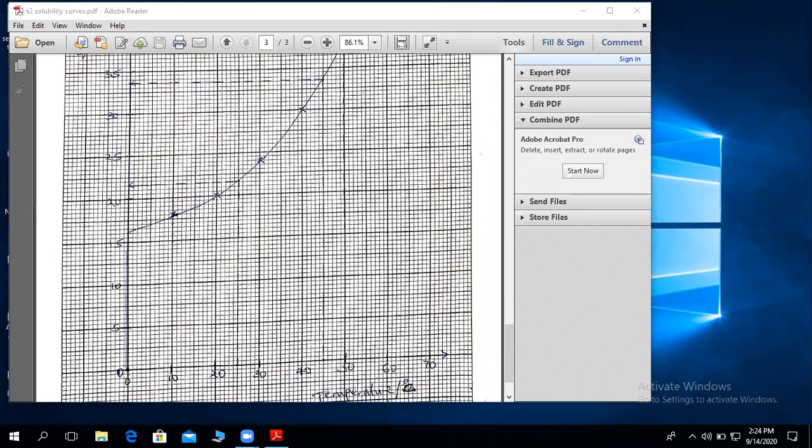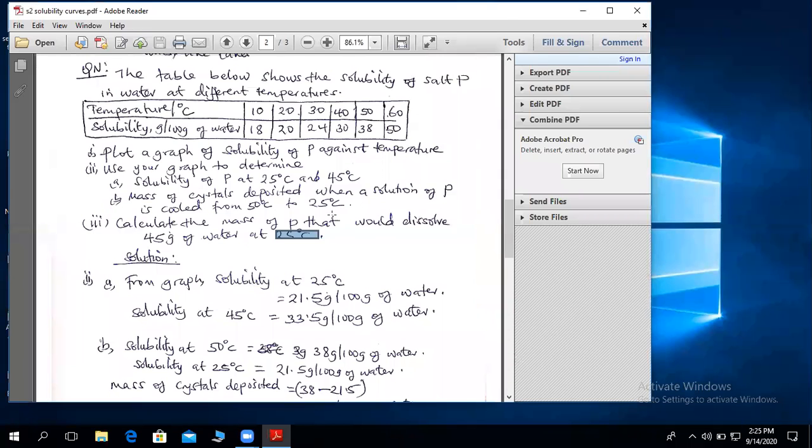Teacher, yes. I didn't understand how to get the solubility between 25 and 45. That's not solubility. The question is the mass of the solubility of P at 25.